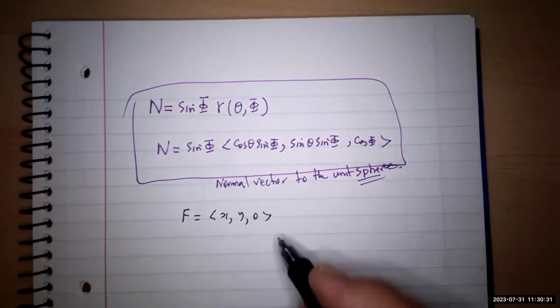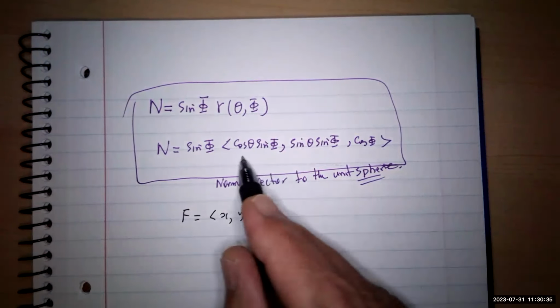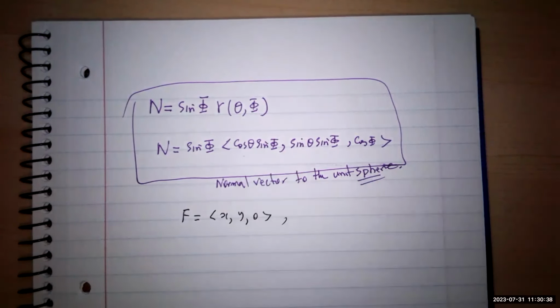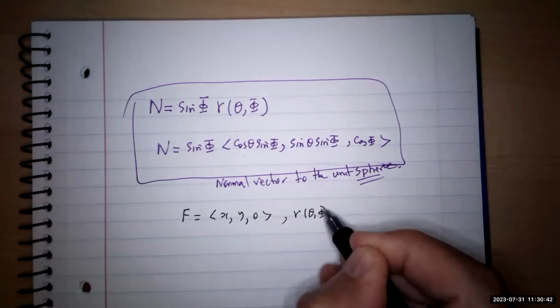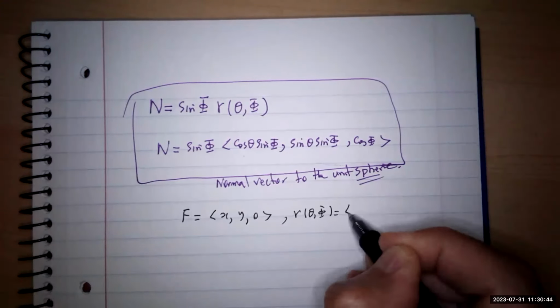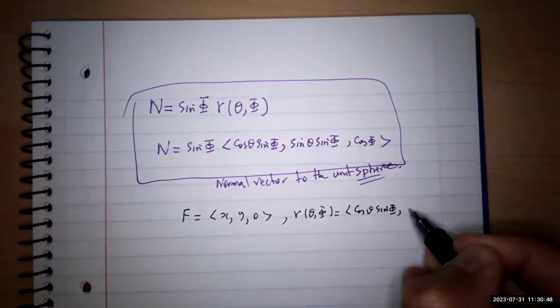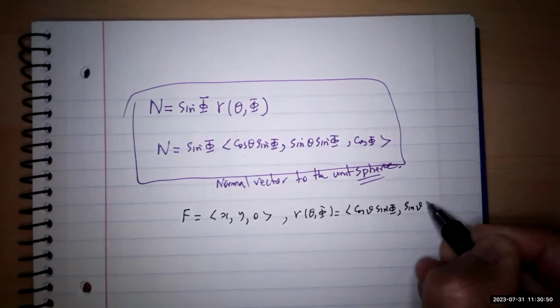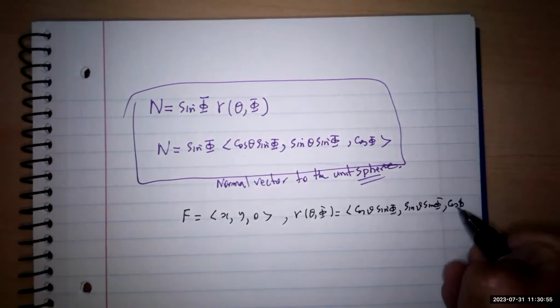And your r, you know that the r. So this is your r of theta and phi, as you have it over there: cosine of theta sine of phi, sine of theta sine of phi, and cosine of phi.